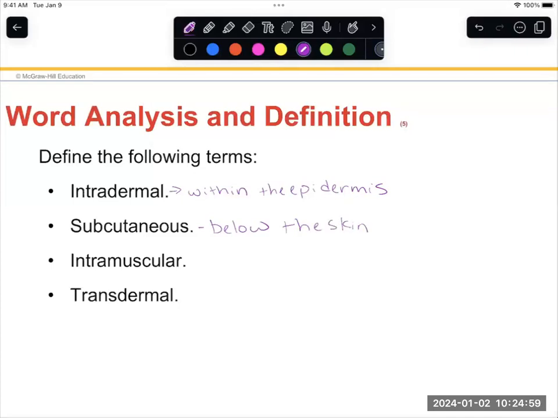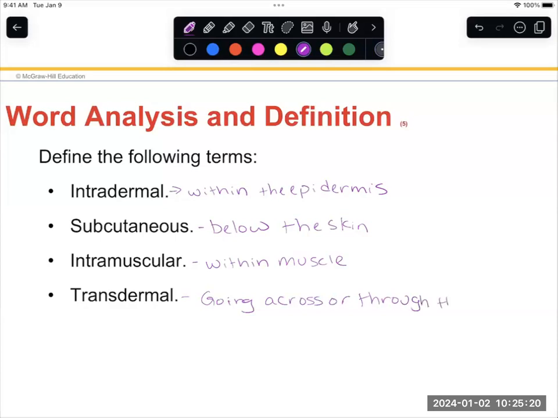Intramuscular. Intra means within, muscular, muscle. And transdermal, going across or through the skin.